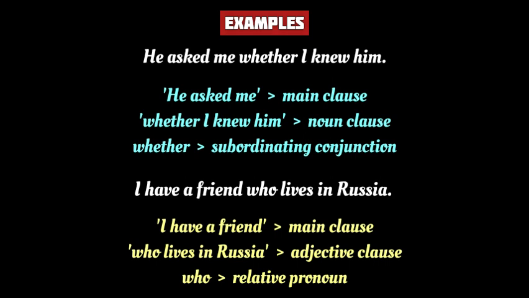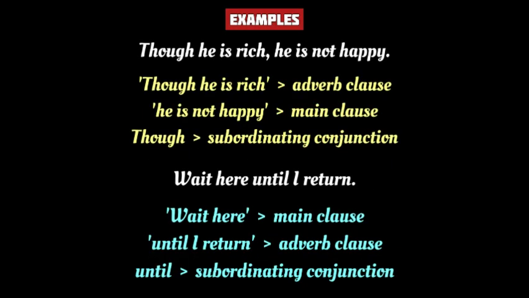Here, "who lives in Russia" is the subordinate clause which describes the noun "friend," so it's an adjective clause. Next, "though he is rich, he is not happy." Here, the first clause, "though he is rich," is a subordinate clause expressing a sense of contrast in the statement, hence it's an adverb clause of contrast.